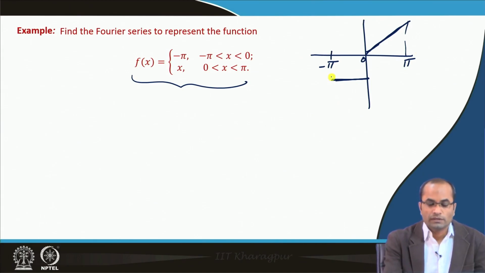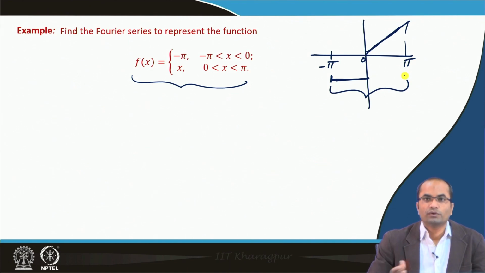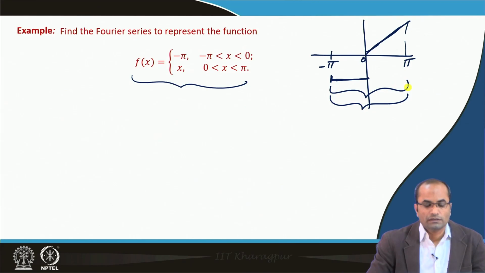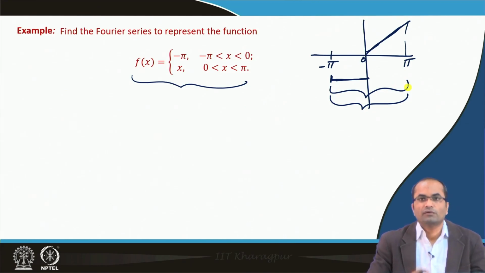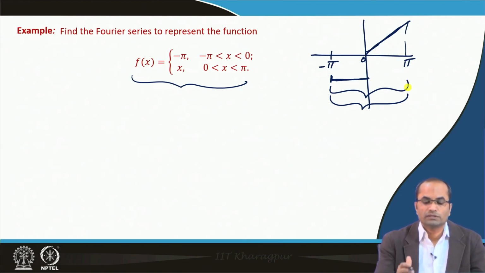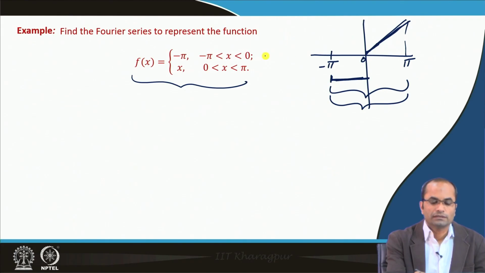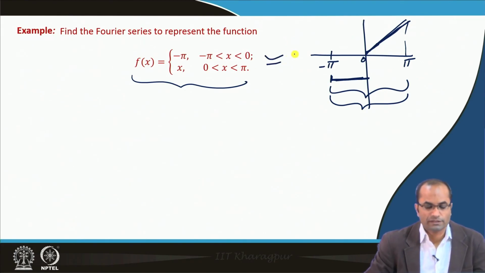It will be a 2 pi periodic function to which the Fourier series will converge. But just to write the Fourier series we need a function defined in some interval. In this case it is given in the interval minus pi to pi, and now we will write the Fourier series, and if it converges, it will converge to this 2 pi periodic function, where in one period the function is represented by the given function here.